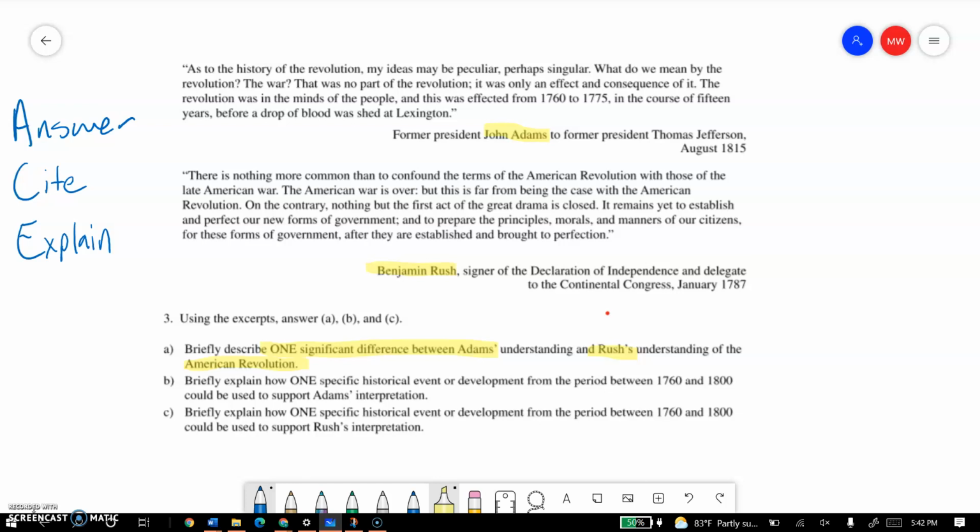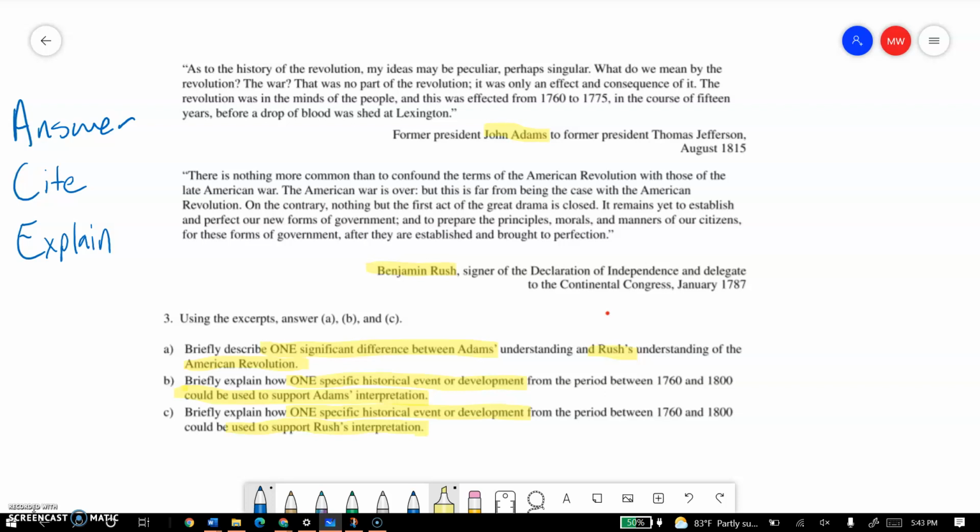From reading 3B, we are then going to explain how one specific historical event or development could be used to support Adams' interpretation, and the same thing, but in reverse, how one specific historical event or development could be used to support Rush's interpretation.